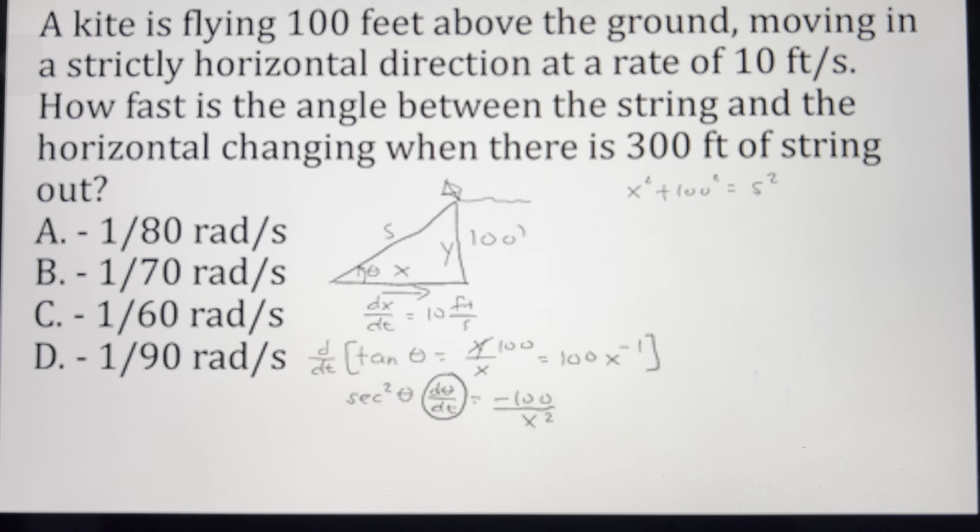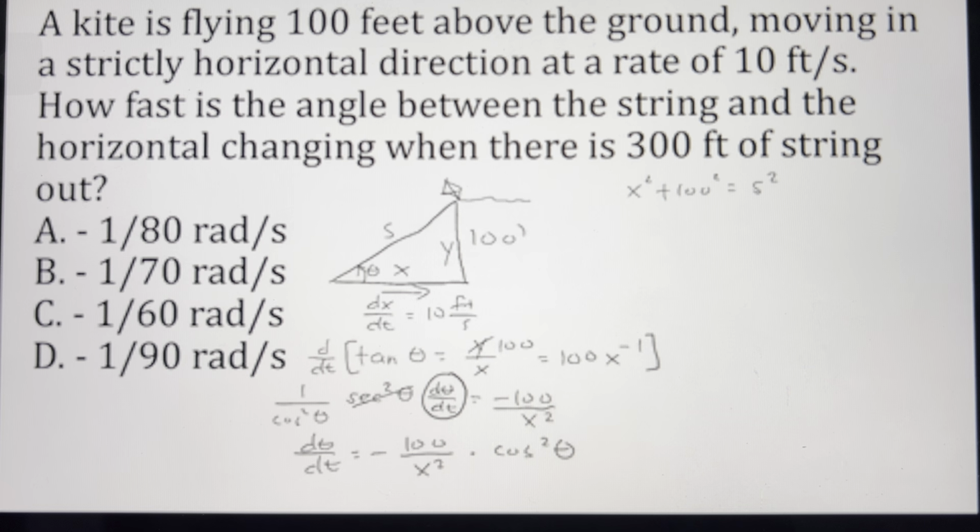And then we all know that secant squared theta is also 1 over cosine squared theta. So that dθ/dt will be equivalent to negative 100 over x squared times cosine squared of theta.